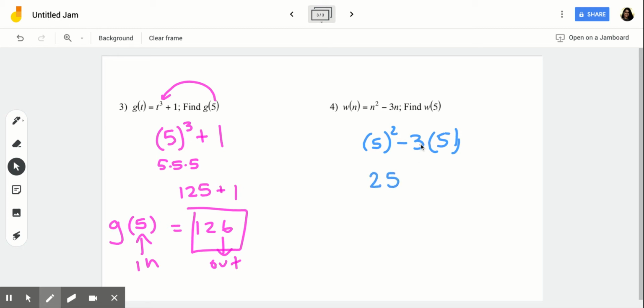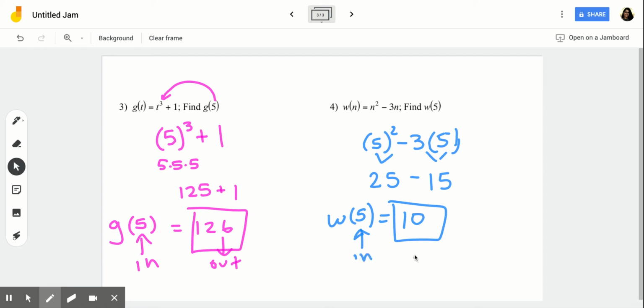And don't subtract 3 yet. These two need to get multiplied. 3 times 5 is 15. So I did 5 squared and I did 3 times 5. 25 minus 15 is 10. So w of 5 equals 10. Input, output.